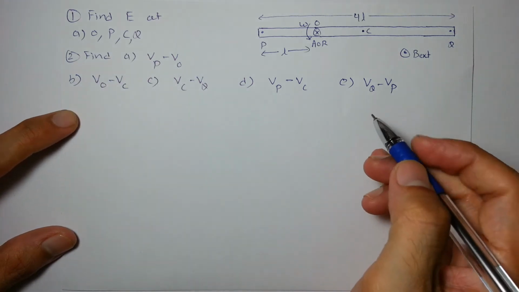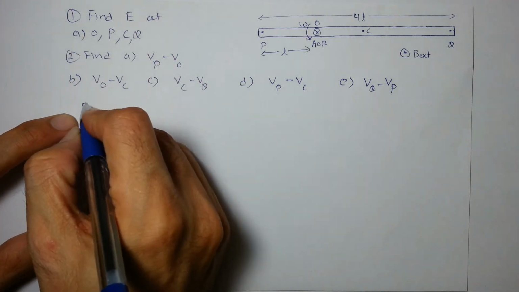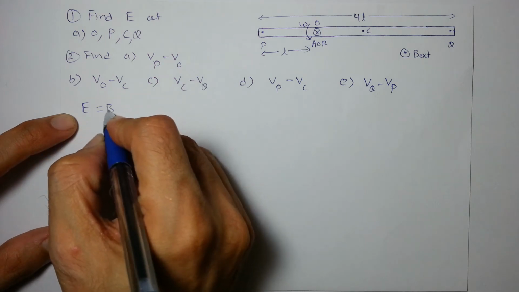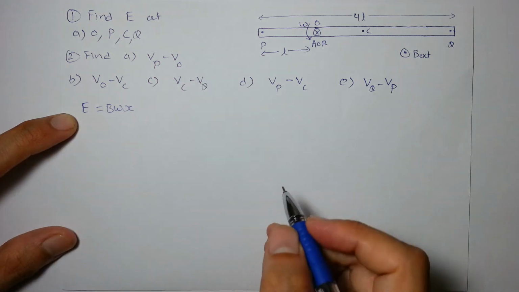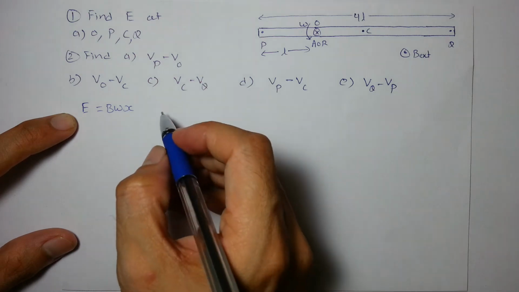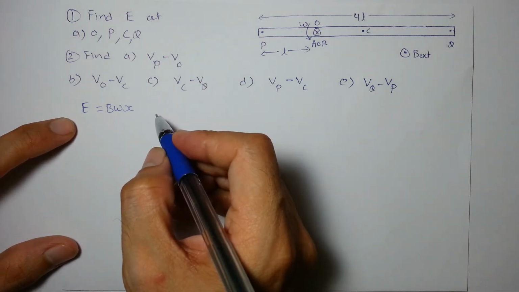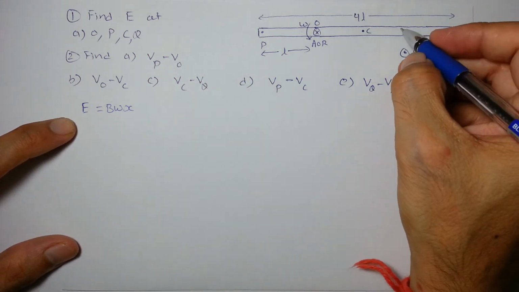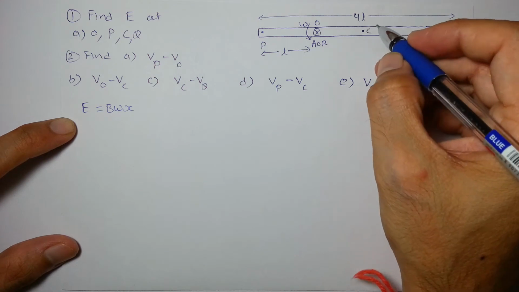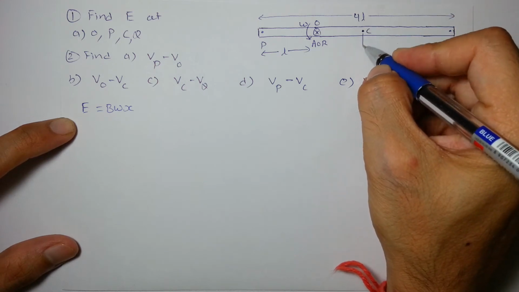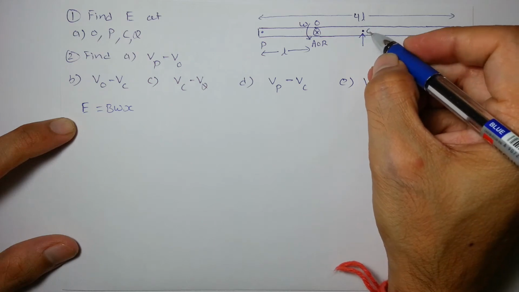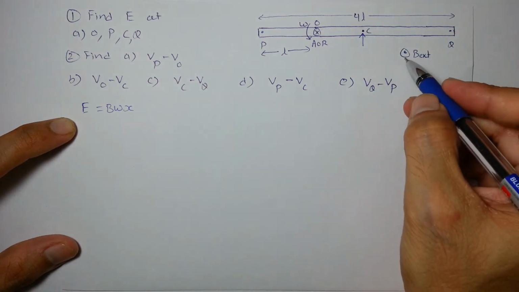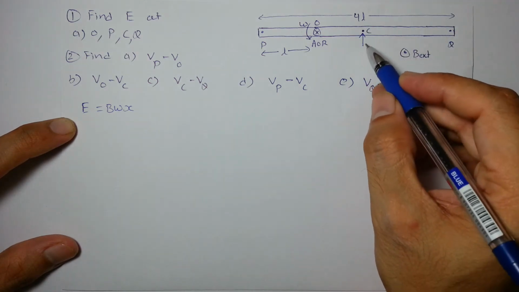First of all, we know the electric field is B omega x, where x is the distance from the axis, and its direction is also important. So first of all, choose any point, let's say C. C is going in the upward direction. If we apply V cross B, B external is out of the plane and velocity is this.